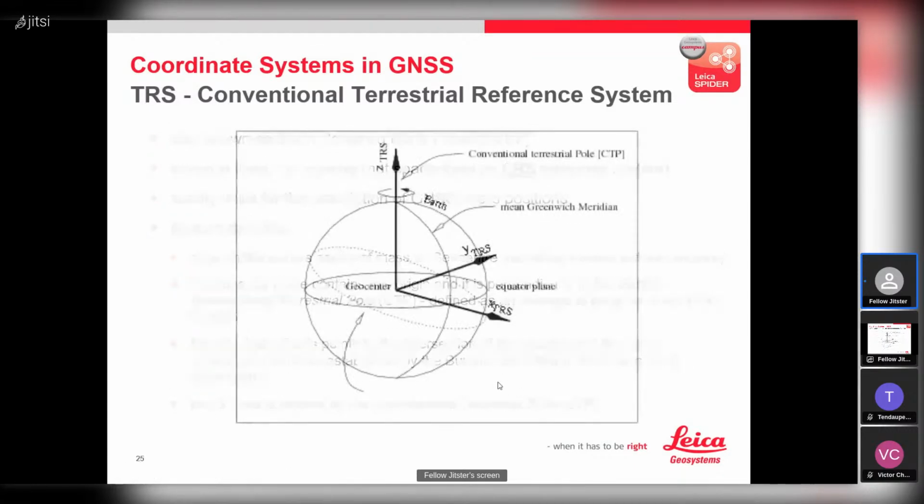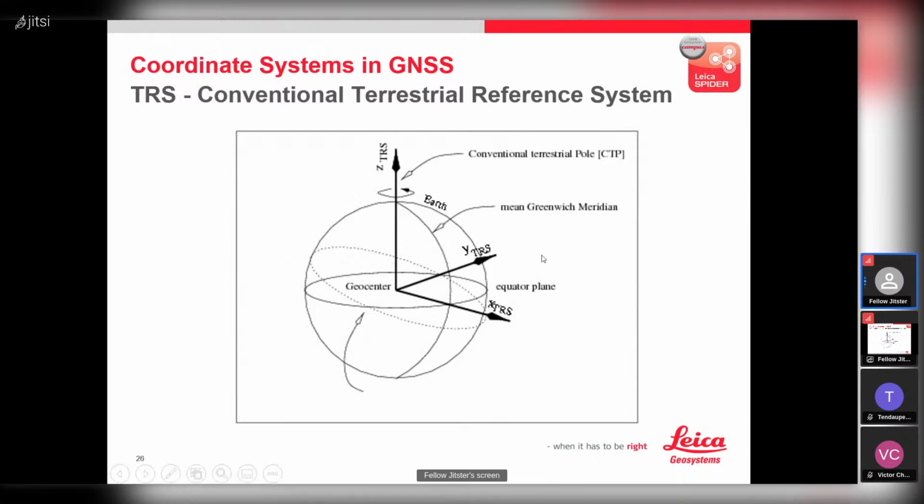So once again, if you have a look at these graphics, this is the geocenter, the origin of the coordinate system. It's Cartesian, right-handed, the plus X axis goes to the intersection of the mean Greenwich meridian and the equator, the plus Z axis goes to the conventional terrestrial pole, and we have the Y axis, which complements the Cartesian system.